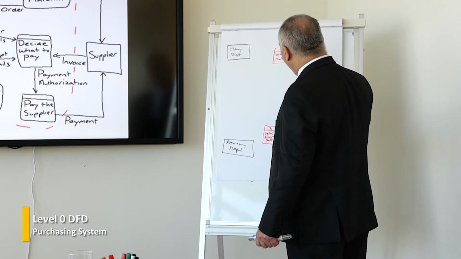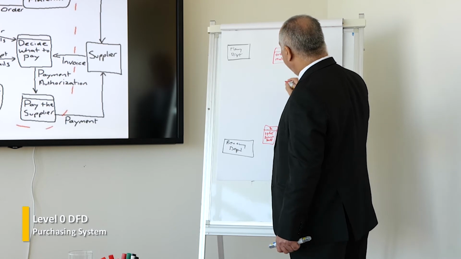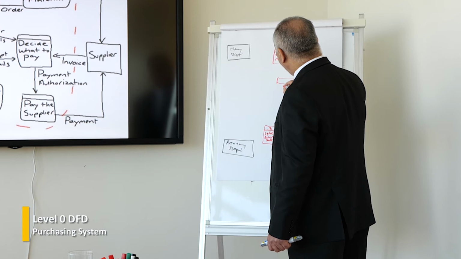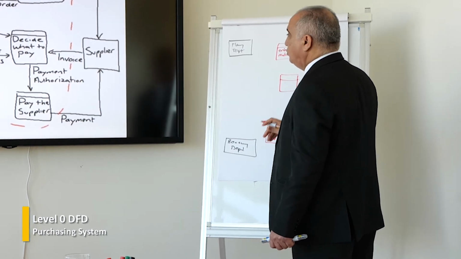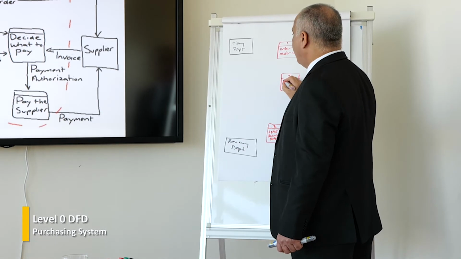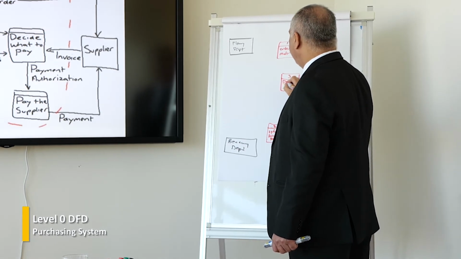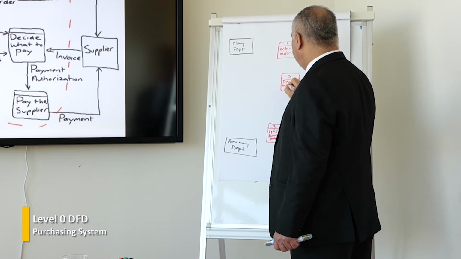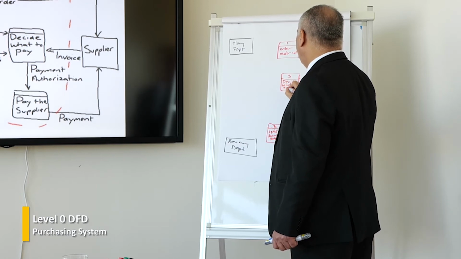The third one: the supplier will invoice us, so we need to understand what we will pay for. So the number 3 process in this example is to decide what to pay.